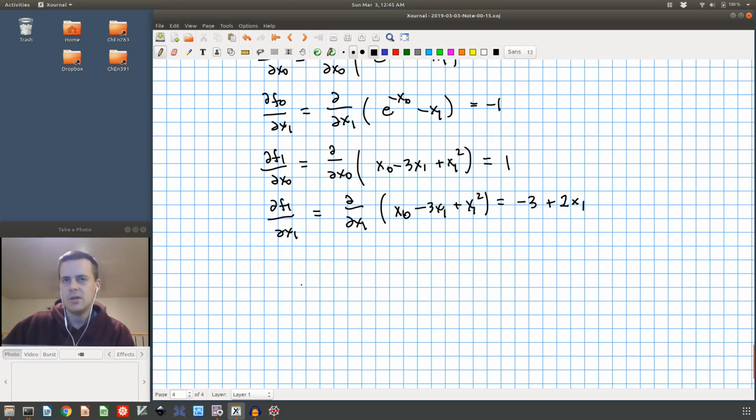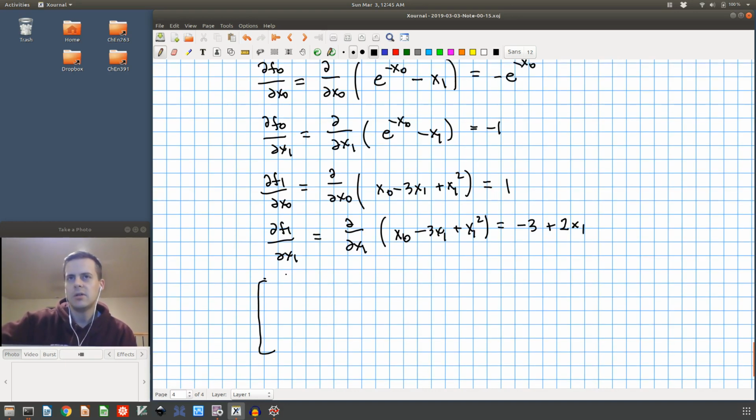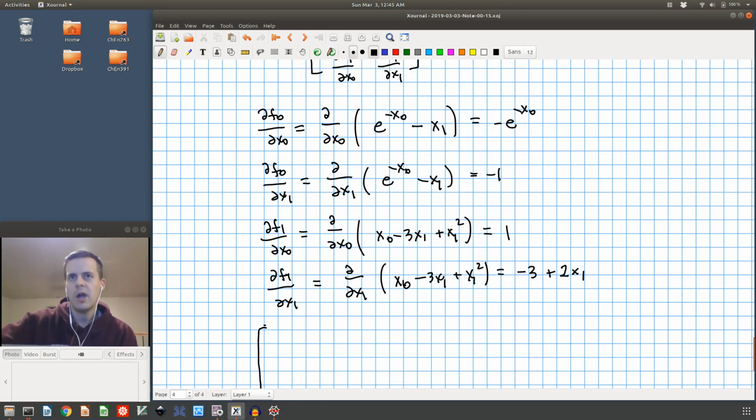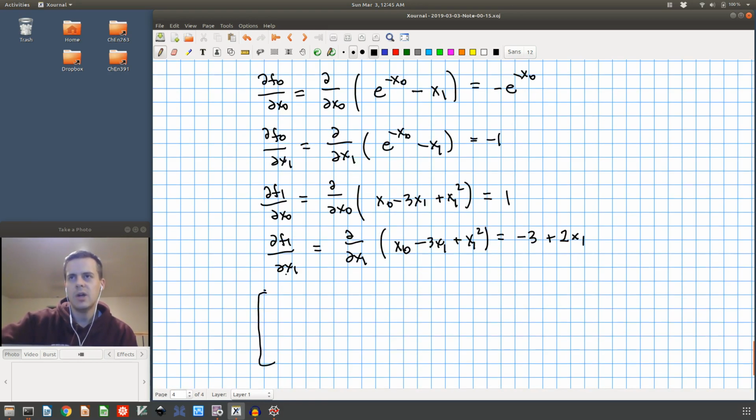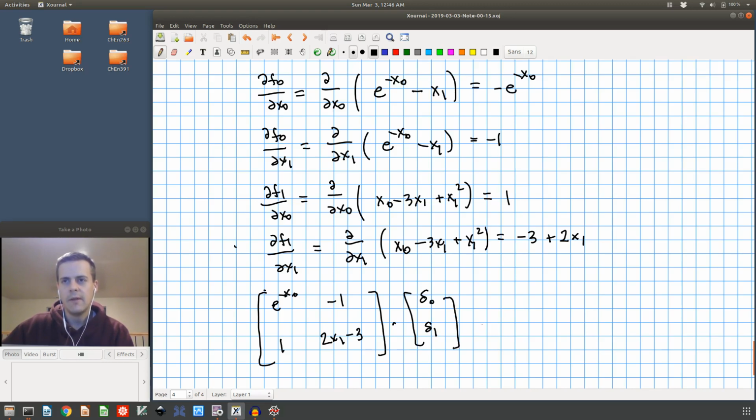Alright, so now I need to just plug into my formula. So I have J, which I'm going to plug in. Remember, I had that matrix of those guys, so this will be e to the minus x0, and this one minus 1, 1, and 2x1 minus 3, dotted with delta 0, delta 1 equals, and then on the right side I have a minus, and I put in my equation, right?